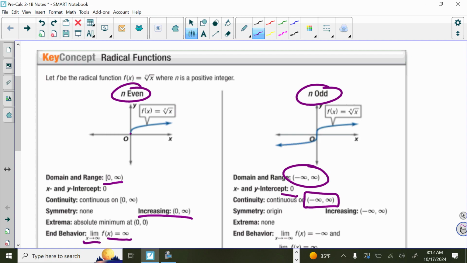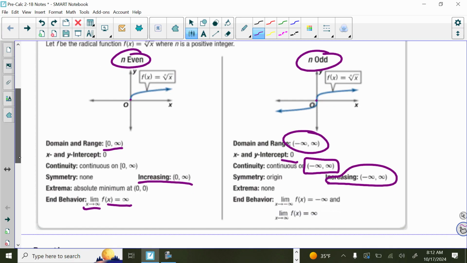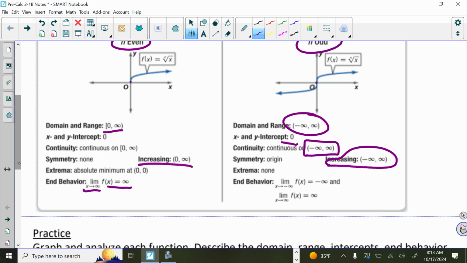It has symmetry about the origin, and it's increasing the entire time. There is no extrema, because this is just a point of inflection at the origin, not a maximum or minimum. End behavior is similar to what we've dealt with before: as x approaches negative infinity, f of x approaches negative infinity, and as x approaches infinity, f of x approaches infinity.